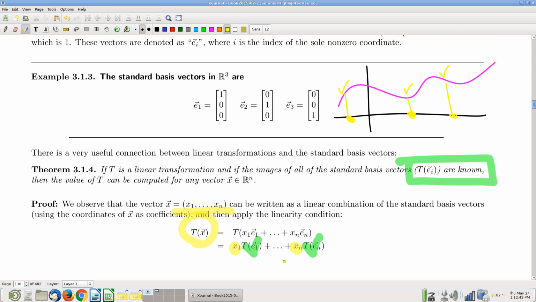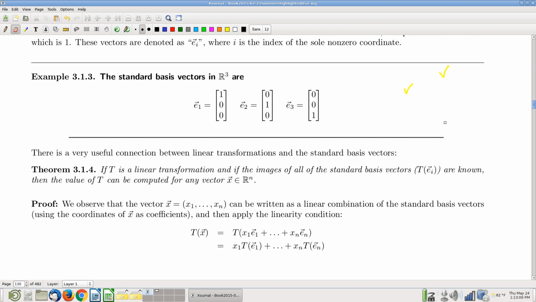Take that linear combination of the images of the standard basis vectors, and you just computed T of x. Very, very surprising that this goes through. So what this says is that if you know the images of the standard basis vectors, you know everything there is to know about the linear transformation. All right, we're going to do a lot with this in this course.